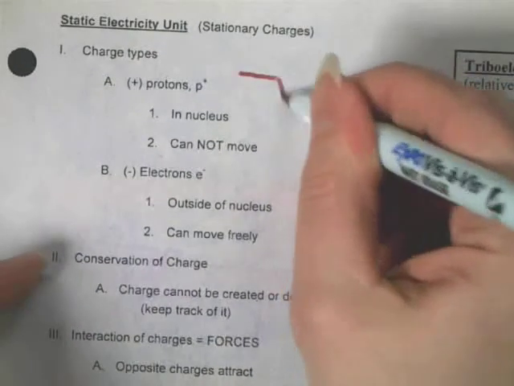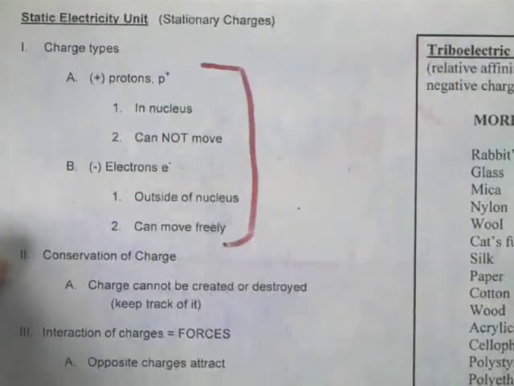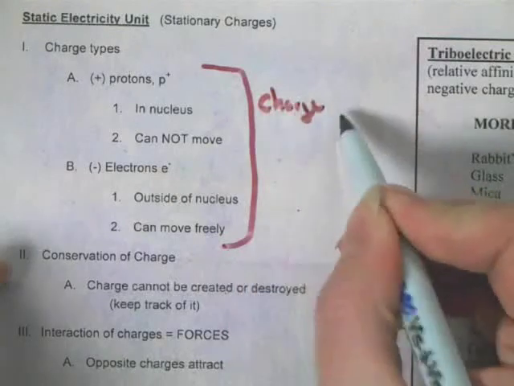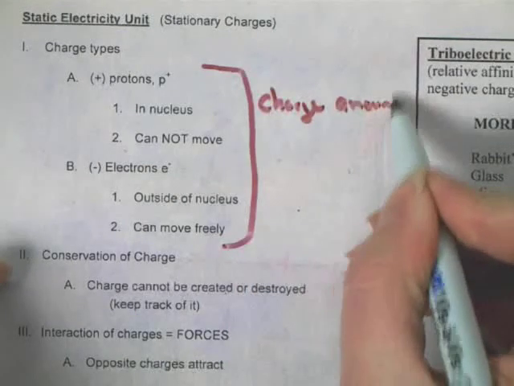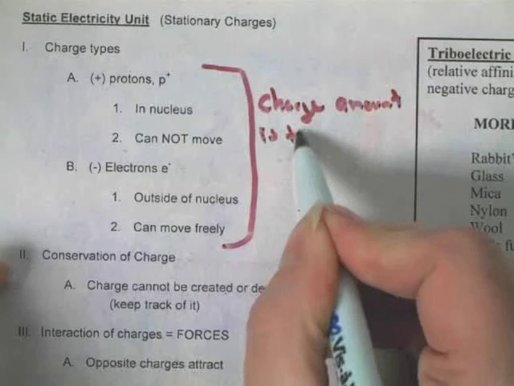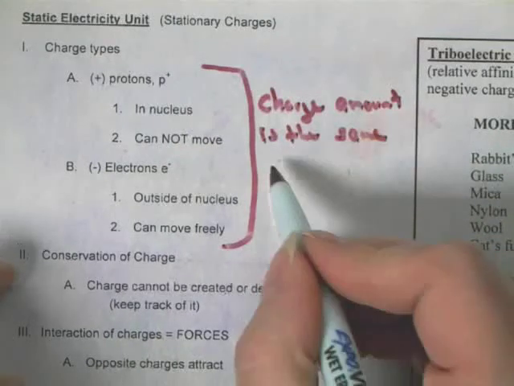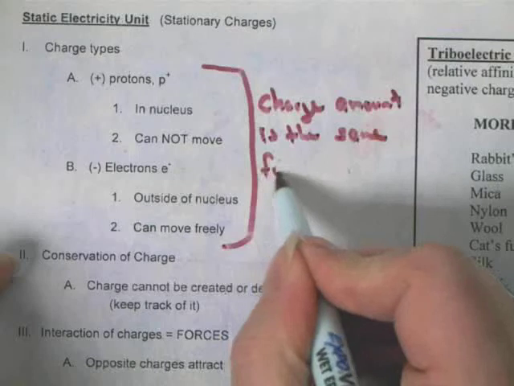So just like we were talking a moment ago, the charge amount is the same for both protons and electrons.